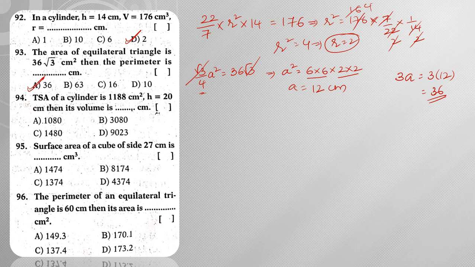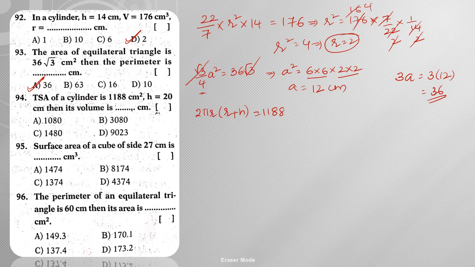Next, total surface area of cylinder is 1188 centimeters square. H is equal to 20, then its volume is. Total surface area is given by 2 pi r into r plus h, which is equal to 1188 centimeters square. Now what has he given?